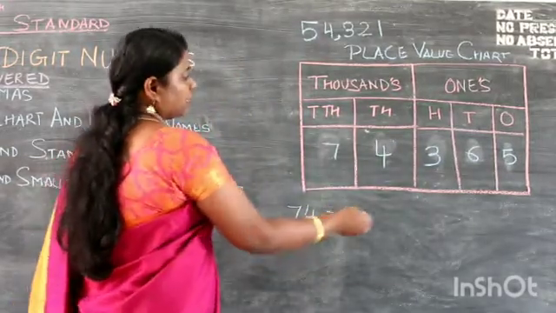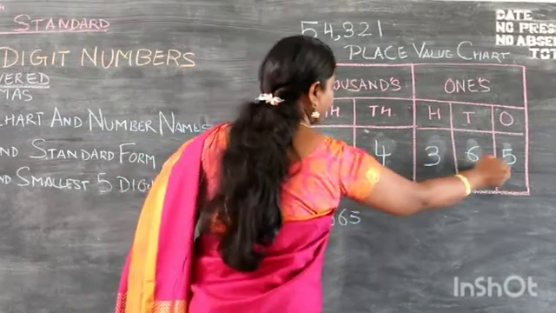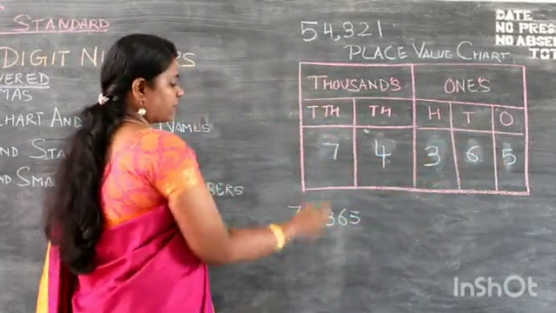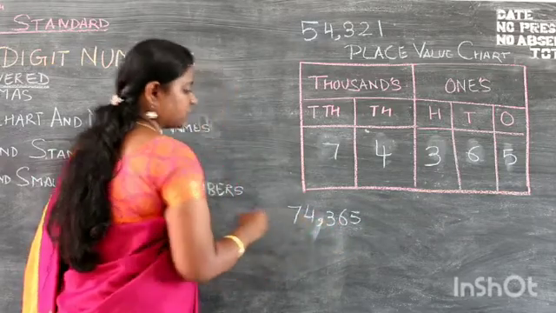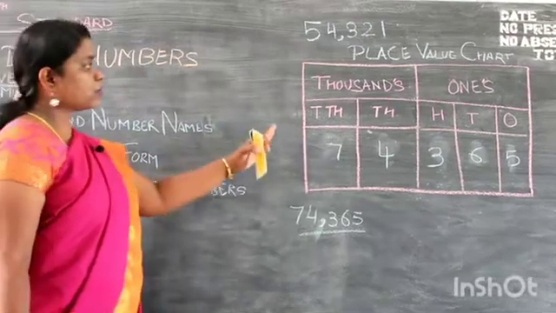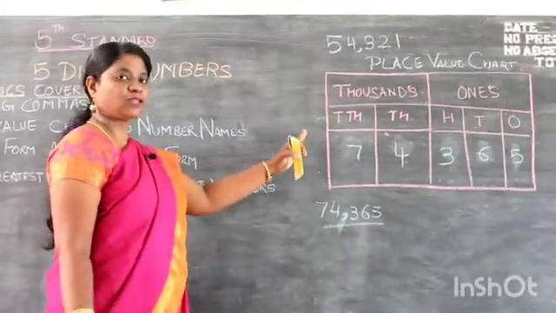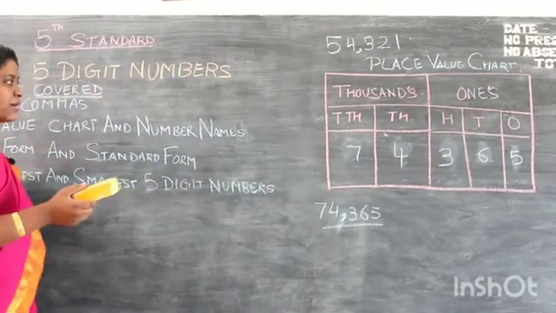Okay, so it is 74,365, and the comma would be after the first period, right? After the first 3 digits. So this is how you're going to insert your comma, and this is how you're going to write it in your place value chart.